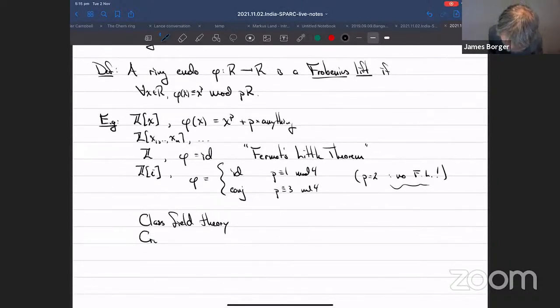Also, in crystalline cohomology, rings with Frobenius lift are pervasive. I won't say anything more about crystalline cohomology; that's the last I'll say.